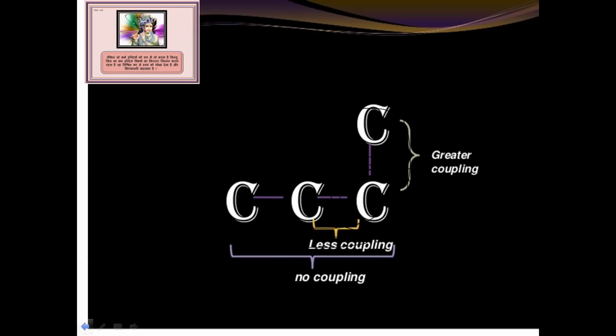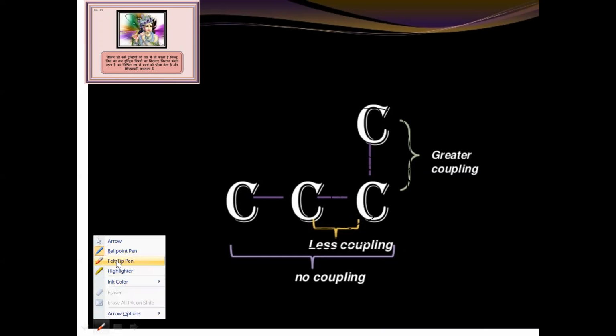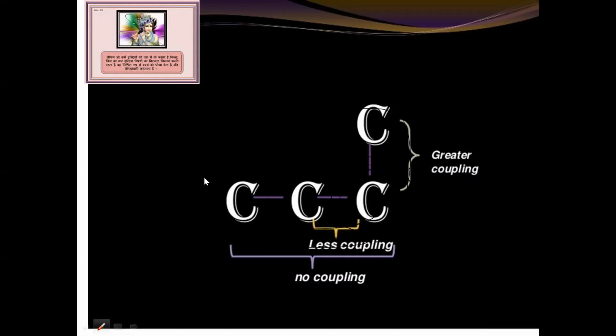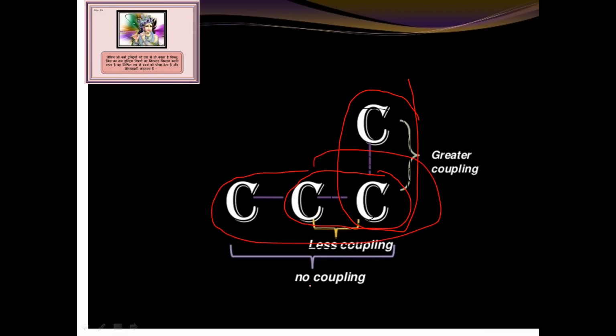No coupling occurs when more than three carbons are attached straight forward, but greater coupling will occur in the carbon-carbon single bond. In these two carbons less coupling is seen, while in these carbons no coupling occurs.